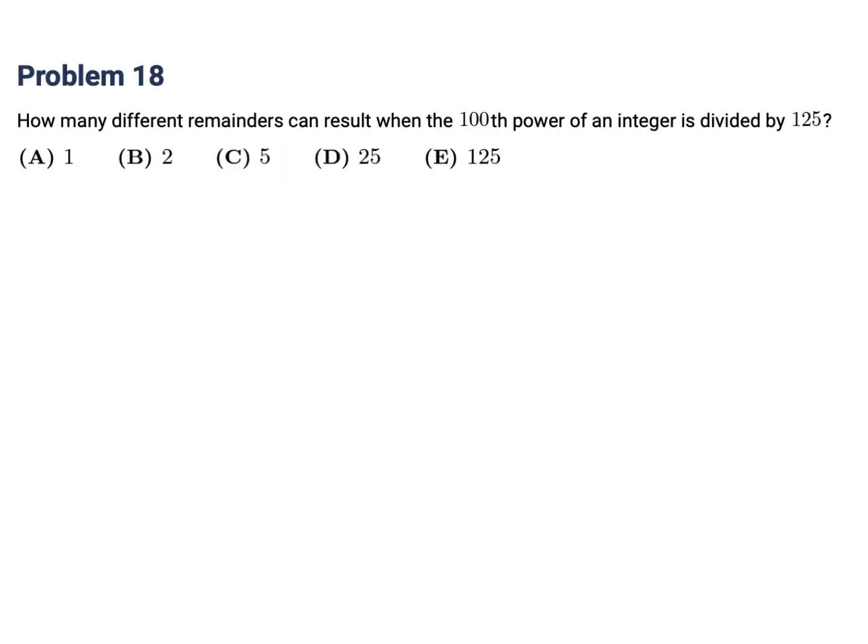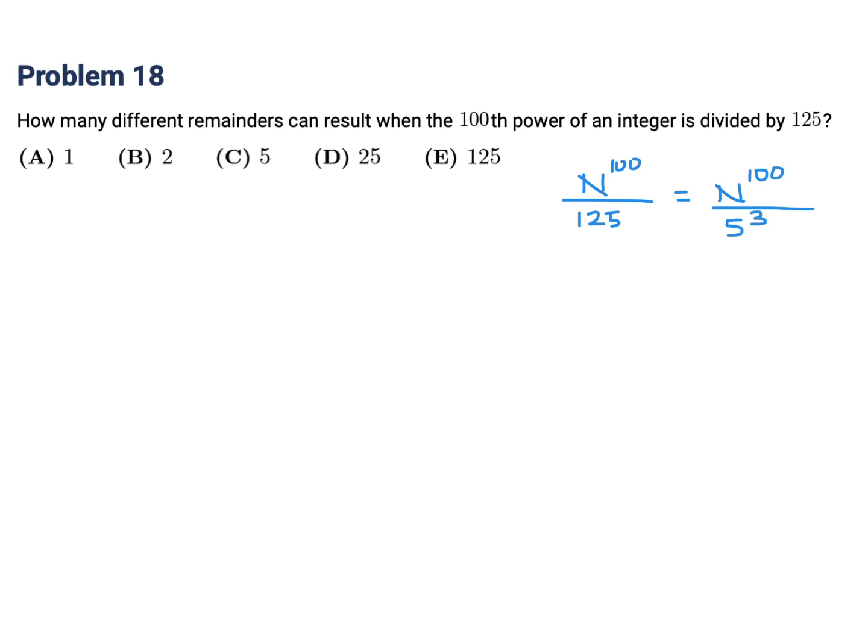How many different remainders can result when the 100th power of an integer is divided by 125? Okay, so we have some integer to the 100th power, and it's divided by 125. Now, we have no idea what n is, but 125 we know is 5 to the power of 3.